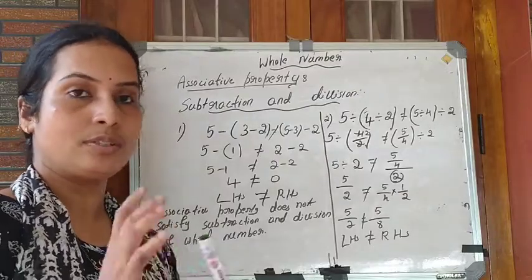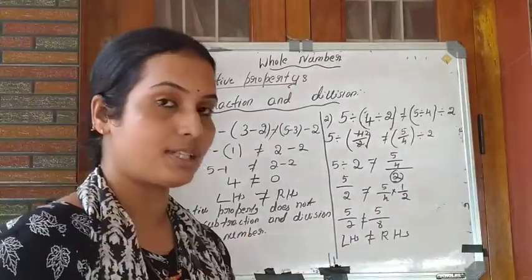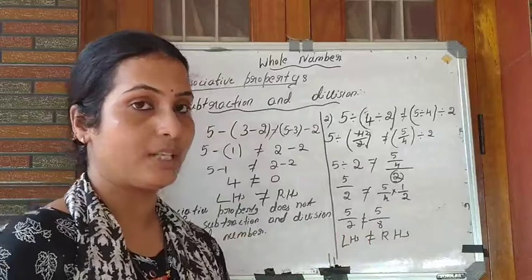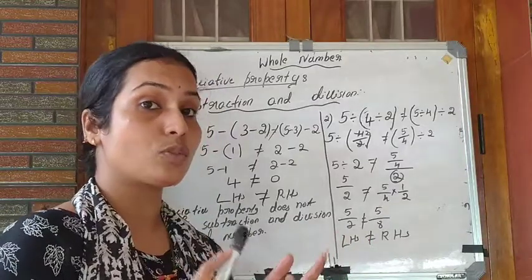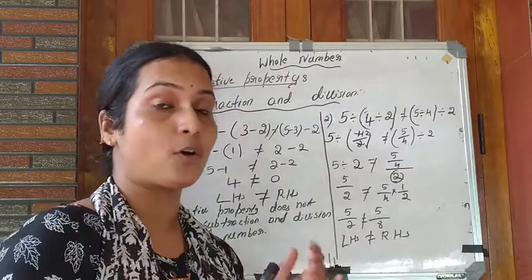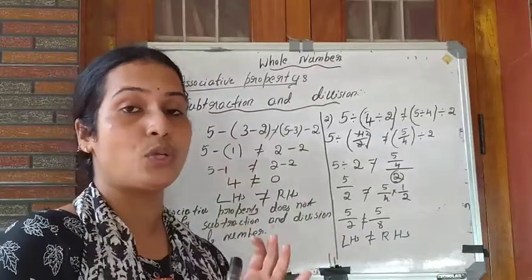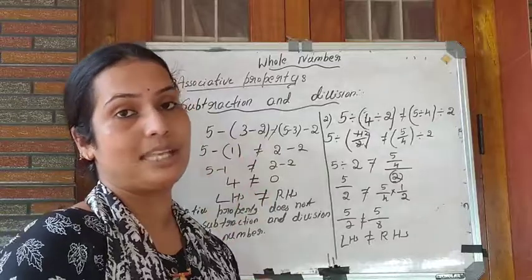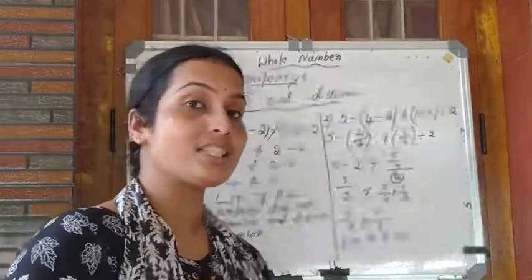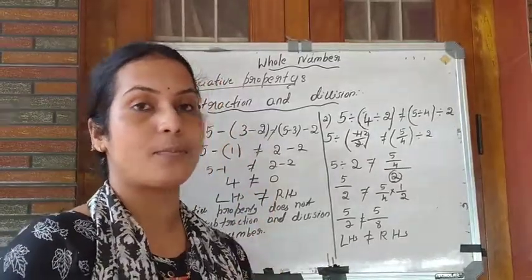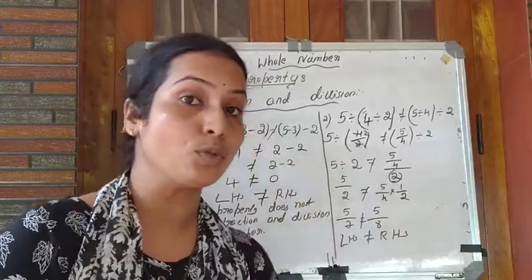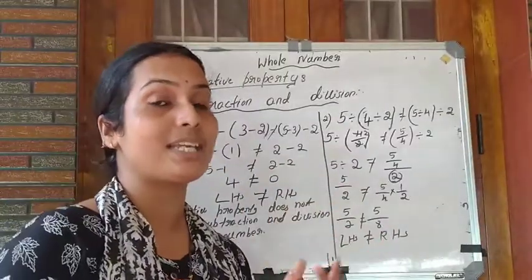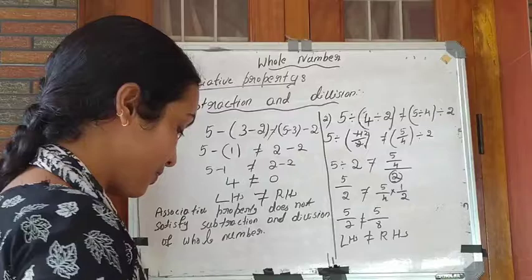Okay. So same as the closure property and commutative property, even the associative property, these three properties are satisfied only for addition and multiplication. Okay. So the next, the last property, is the distributive property of multiplication over addition.